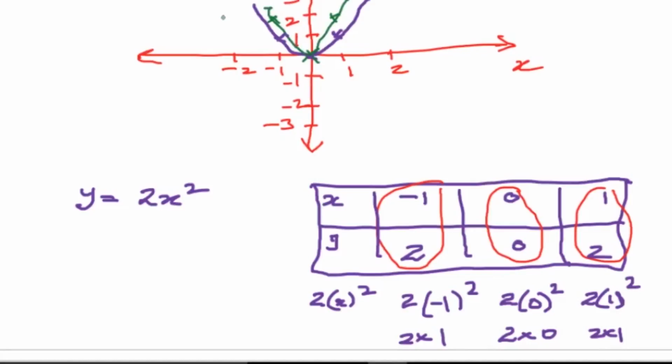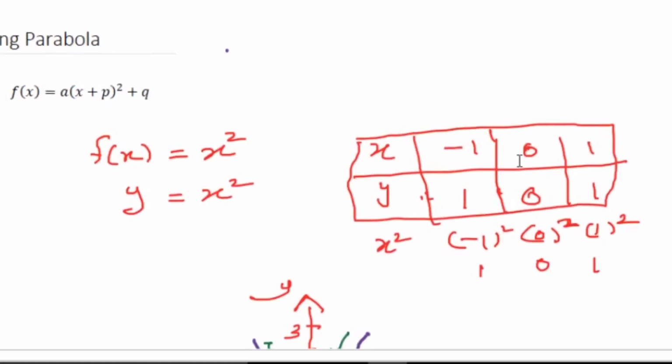Now, let's go back to the standard equation that we're trying to use. Remember that we said the standard equation we're going to use is a(x plus p) squared plus q. Now we're going to show you the relevance of what we've been doing with the standard equation.